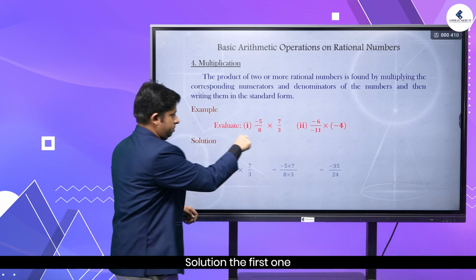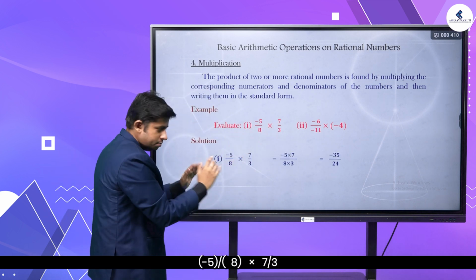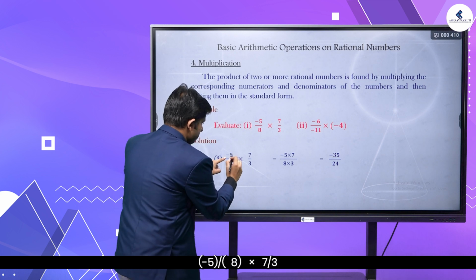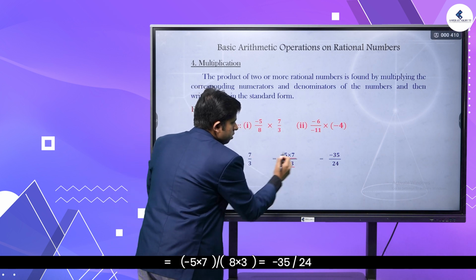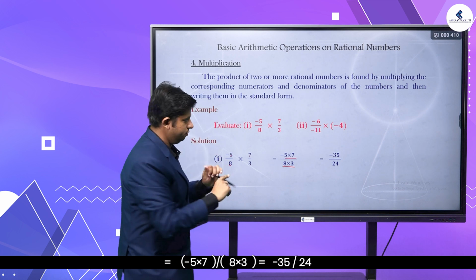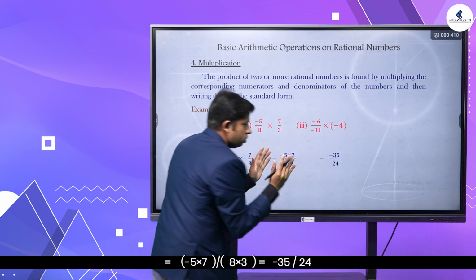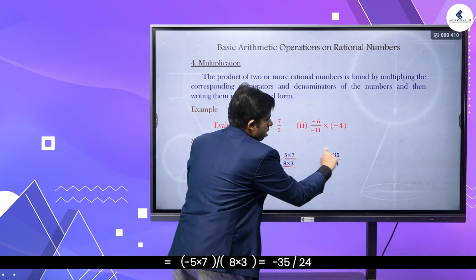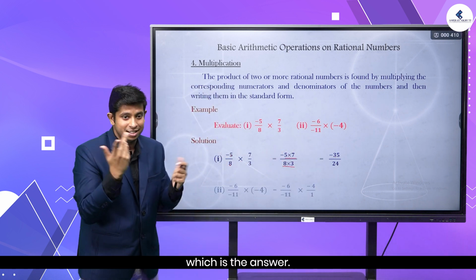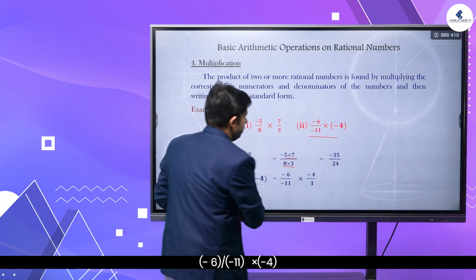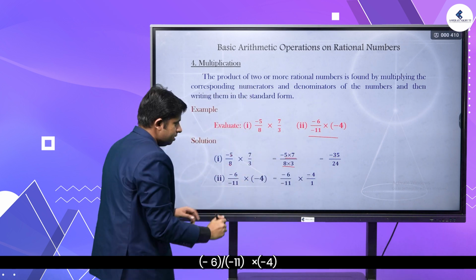Solution. The first one, minus 5 by 8 into 7 by 3 is equal to minus 5 into 7 by 8 into 3. Minus 5 times 7 is minus 35 and 8 times 3 is 24, which is the answer. Second one, minus 6 by minus 11 into minus 4, which is given.